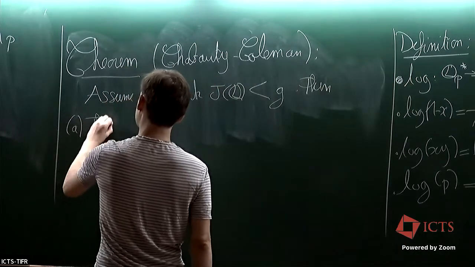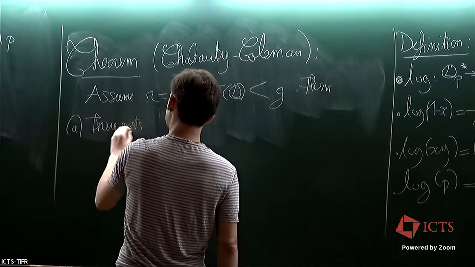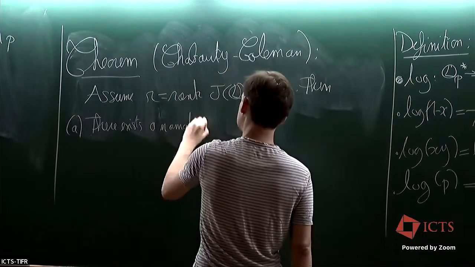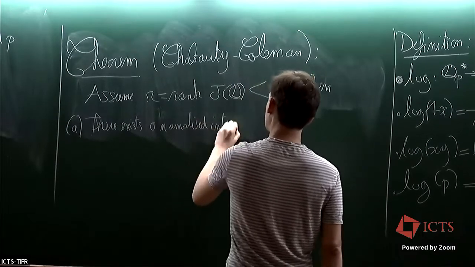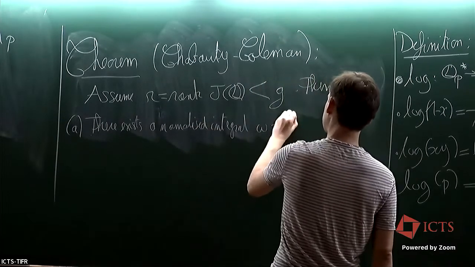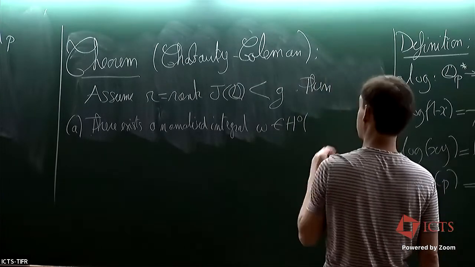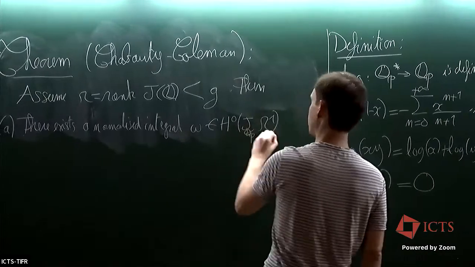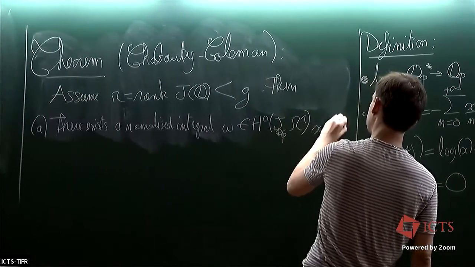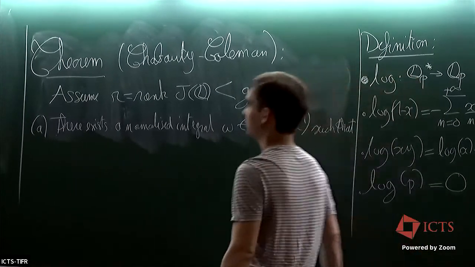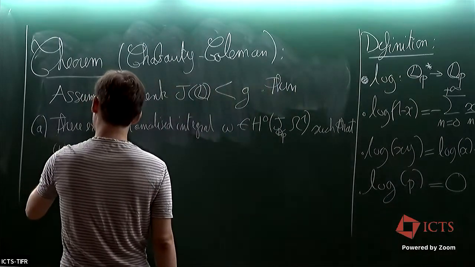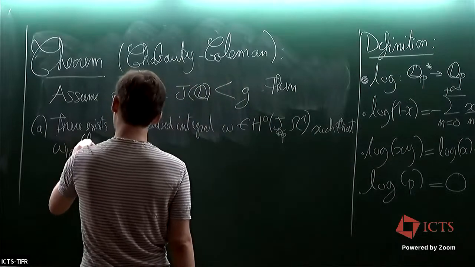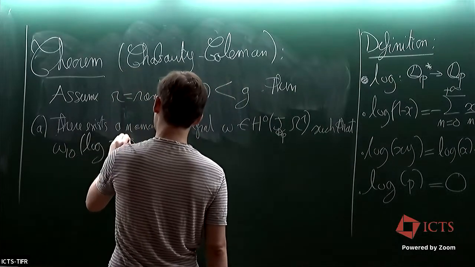There exists a normalized integral omega inside H^0(J, Omega^1_{J,Q_p}) such that omega restricted to 0 vanishes on the whole image of J(Q) by the log.